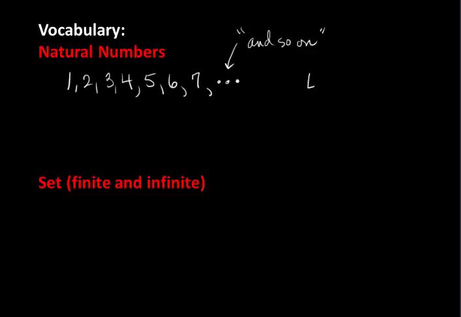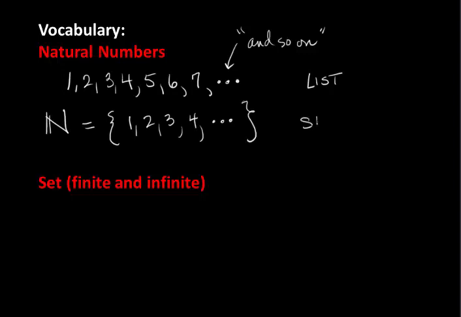This is called a list. There's another way of writing this that we'll use often. N is equal to the set containing 1, 2, 3, 4, ... I don't need to write out a lot of numbers. This is called the set of natural numbers.